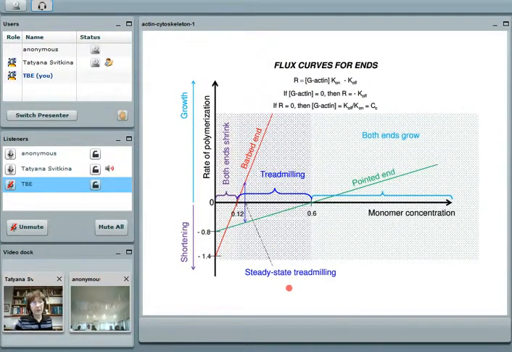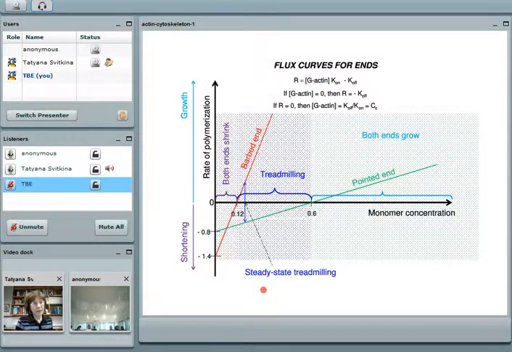But you also can find a range where the rate of depolymerization is equal to the rate of polymerization. This phenomenon between these two critical concentrations is called treadmilling, which means one end grows and another end shrinks. The individual concentration at which both rates are equal is called steady-state treadmilling.